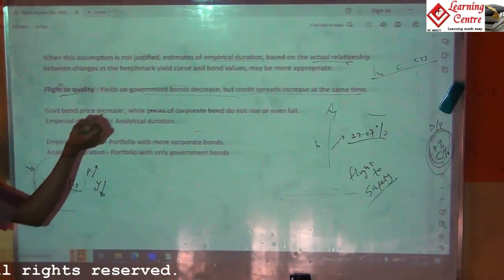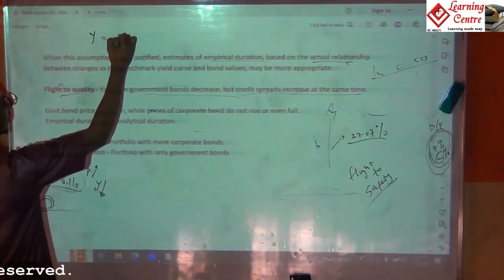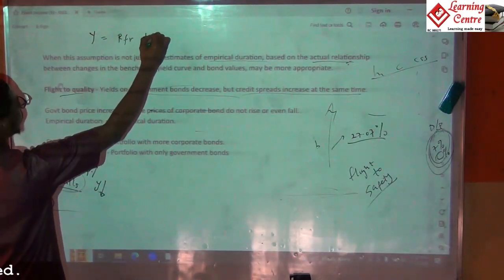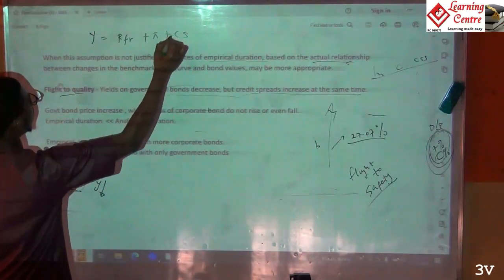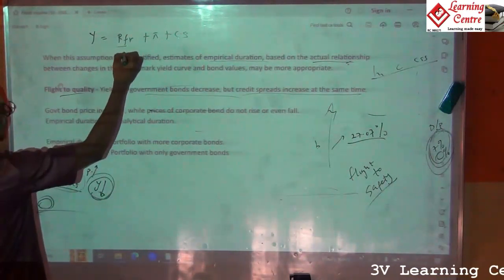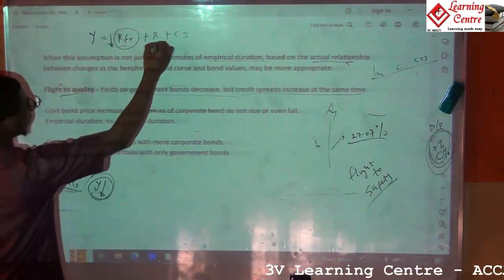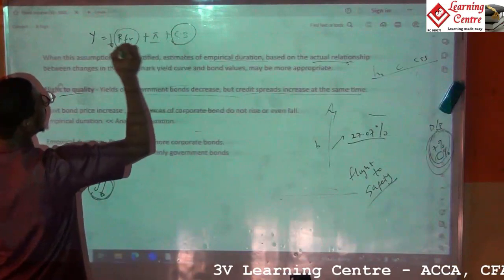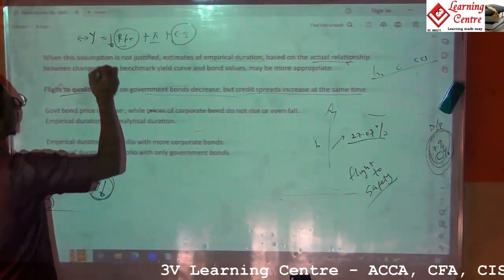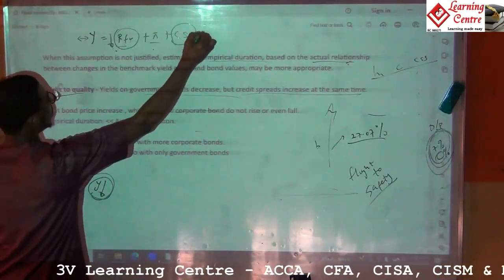So look at our formula again: our yield is risk-free rate plus inflation plus credit spread. The yield on government securities comes down, so the risk-free rate comes down.